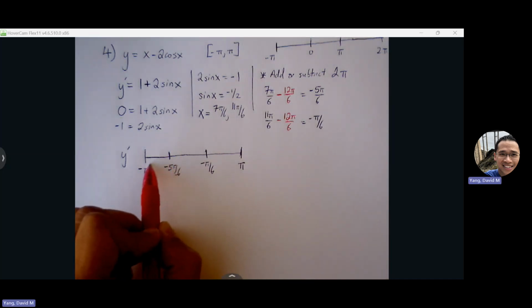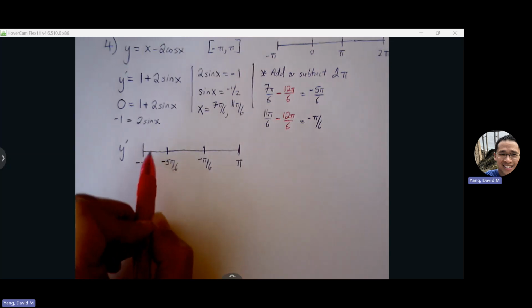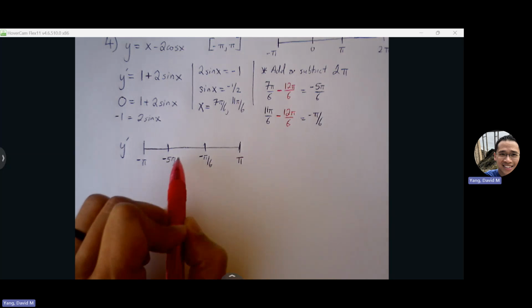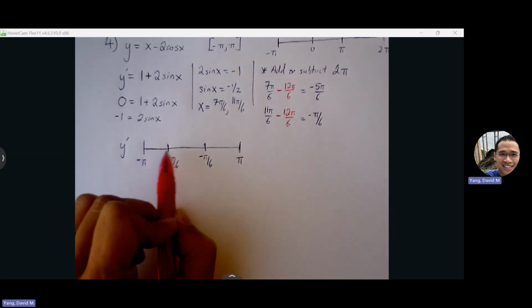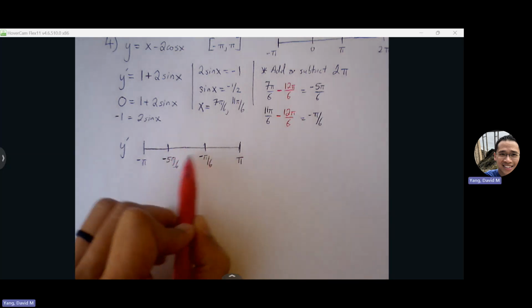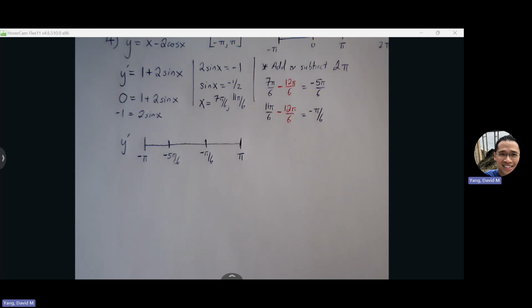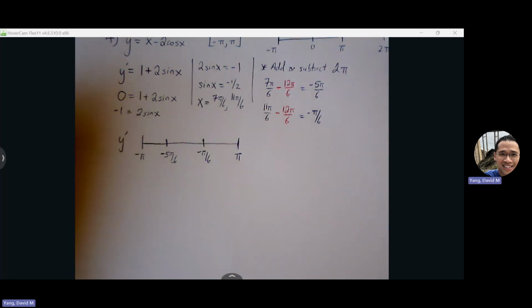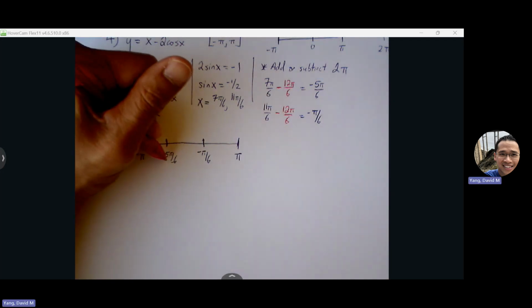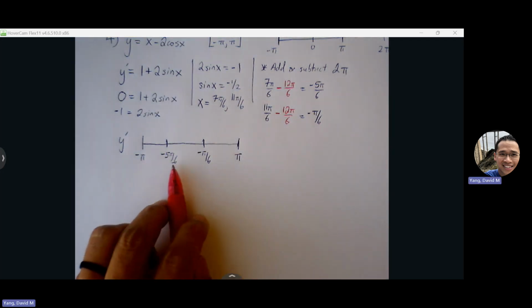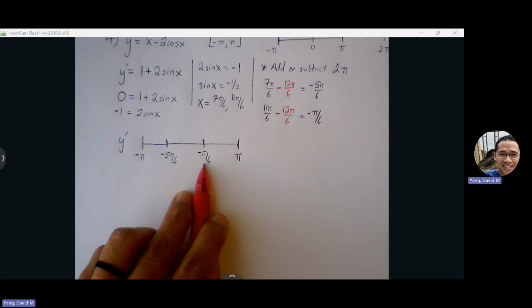Sometimes it's hard to test points that don't quite land inside the interval, so I'm going to have you use your calculator to help you see what's going on. But for now, normally we will want to test values in each subinterval. So here, between negative 5 pi/6 and negative pi/6, that's third quadrant, that's fourth quadrant.